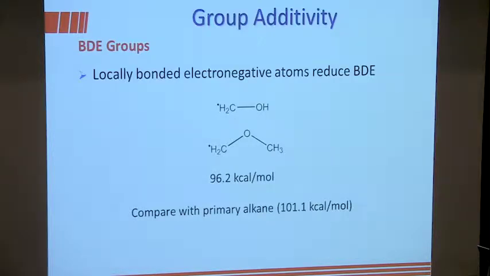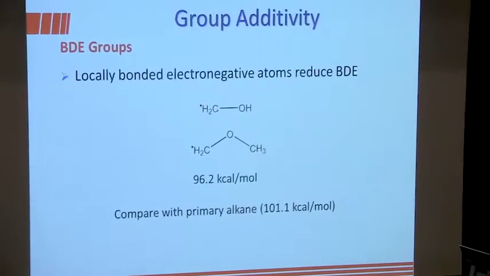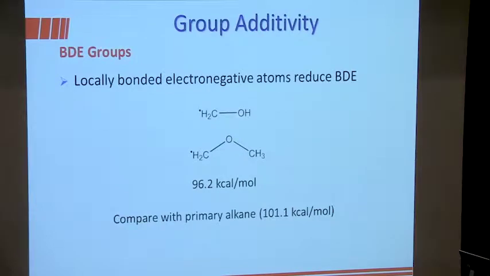And as I said, if you have an oxygen atom then, so here, in ethane, the bond dissociation is 101.1 kilocalories per mole. For a hydrogen atom bonded to a carbon, which is bonded to an OH, the oxygen atom here draws electron density away from the carbon, weakening the CH bond.